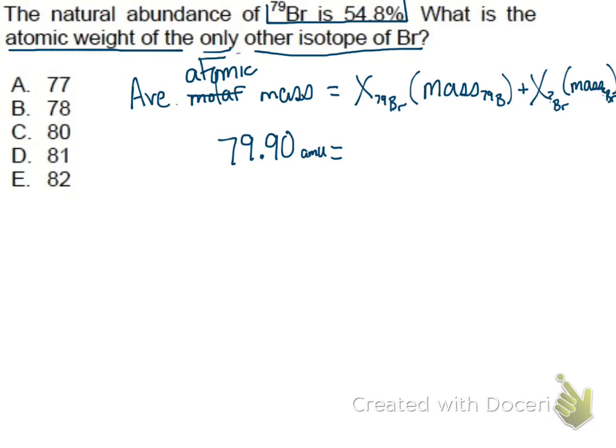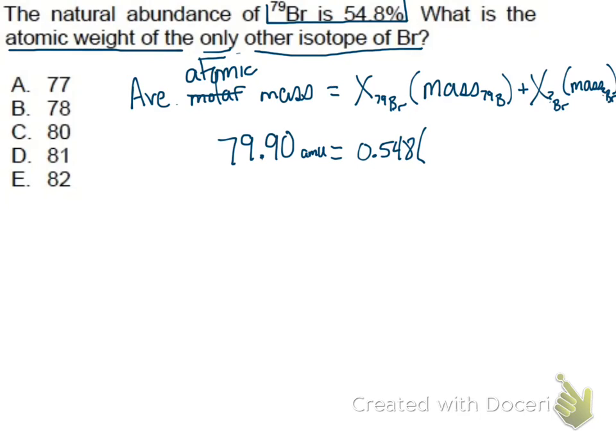We know the fraction of bromine 79 given to us is 54.8%. So we're going to have 0.548. That's the fraction that corresponds to 54.8%. Then we have the mass of bromine 79.